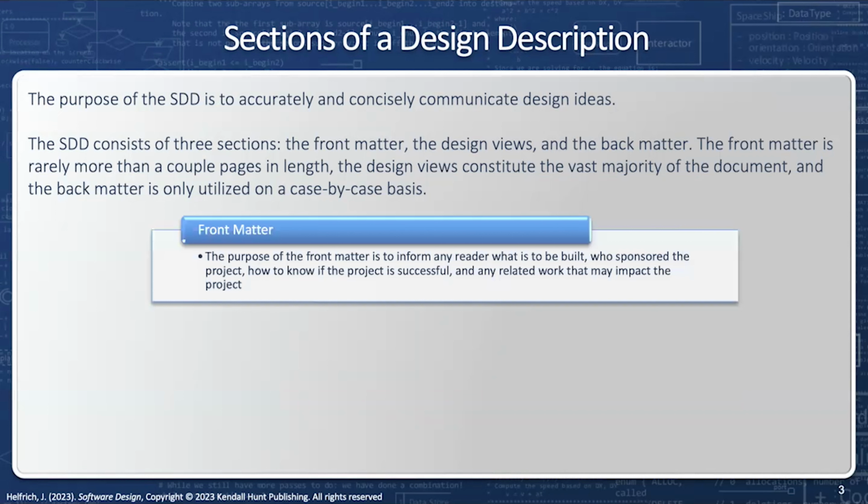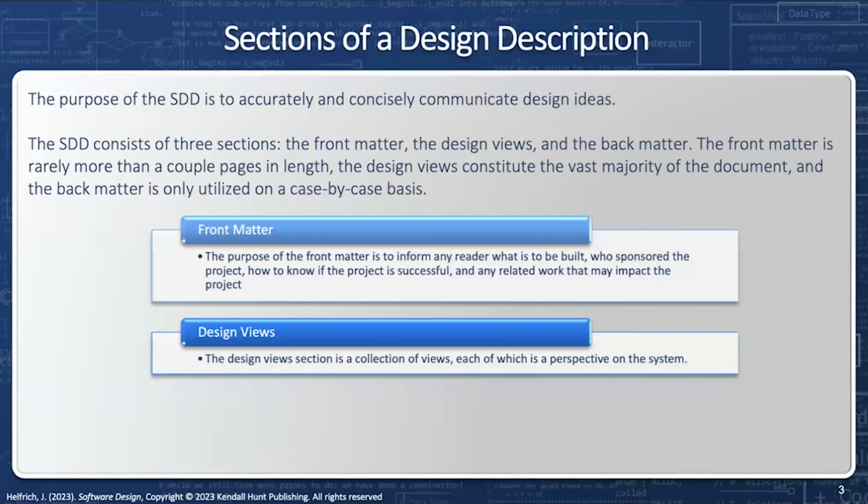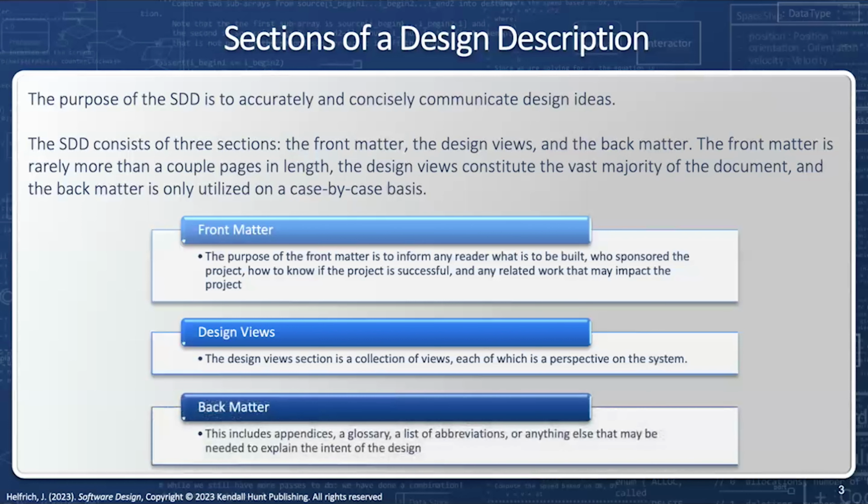So the front matter is to inform any reader what is to be built, who sponsored the project, how to know if the project is successful, and any related work that may impact the project. The design views consist of a collection of views, each of which is a perspective on the overall system. And finally, the back matter is appendices, glossaries, abbreviations, and anything else that may be needed to explain the intent of the design. So let's talk about these in turn.